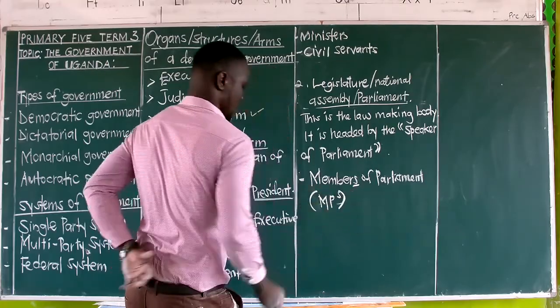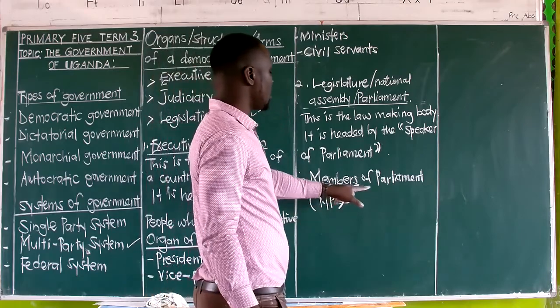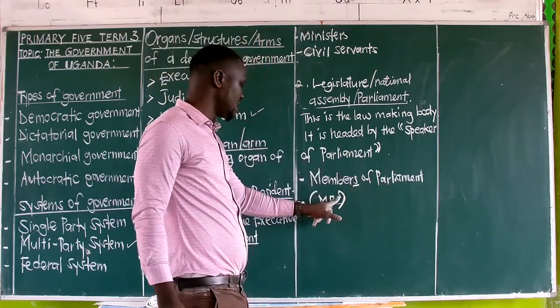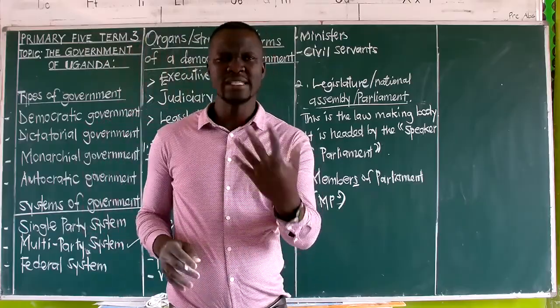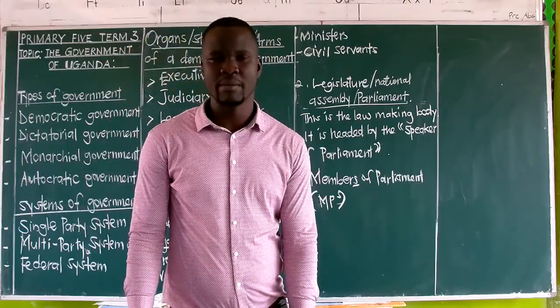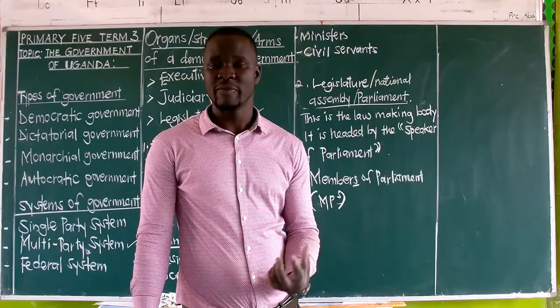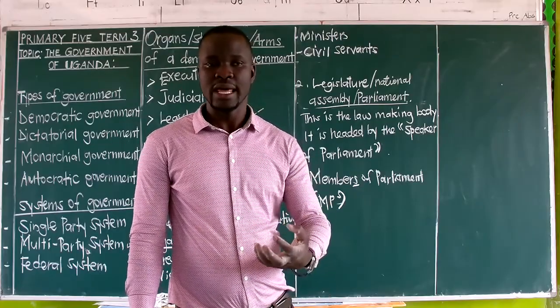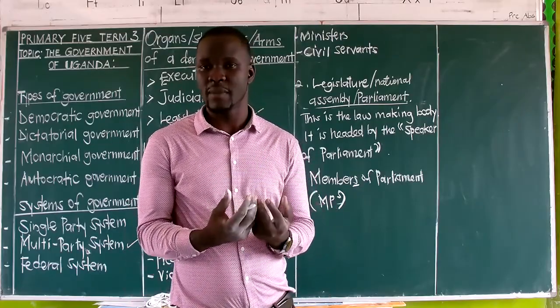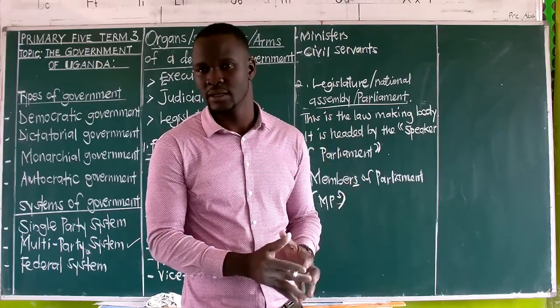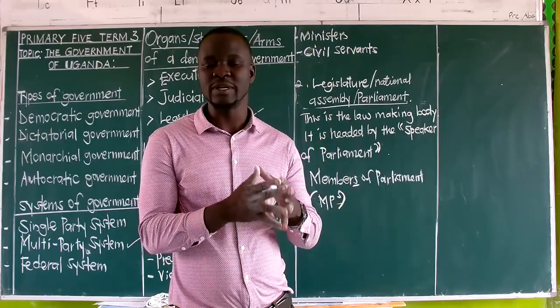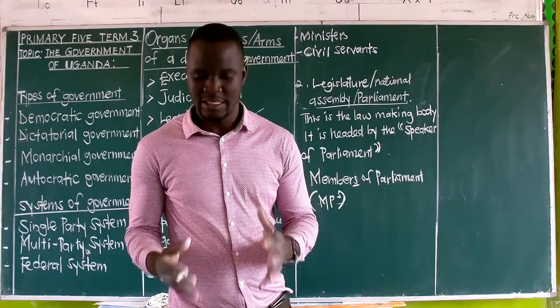If it was one, we would call this a member of parliament and will not put S. It will now remain as MP. Now, who is this person we call a member of parliament? A member of parliament is a person who is voted for by the people to represent his or her constituency. That is the constituent representative at that parliament.